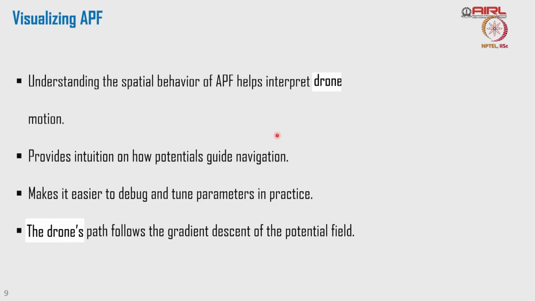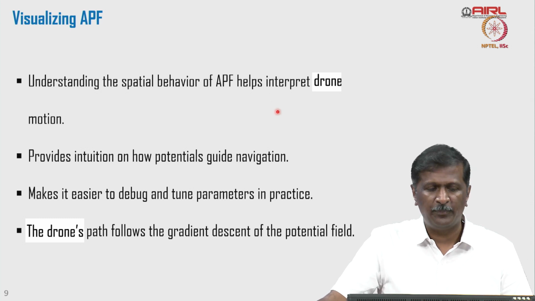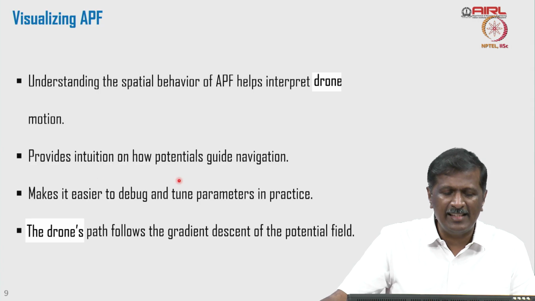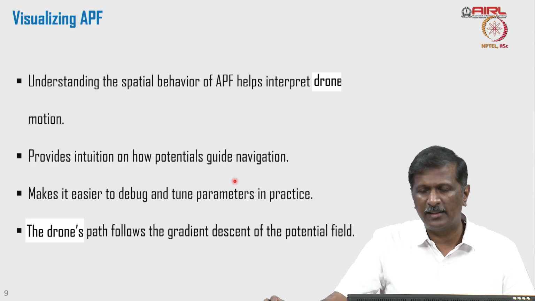So let us understand the spatial behavior of APF, and that will help us to interpret how the motion of the drone is going to take place. It will also provide some intuition on how potentials guide the navigation. It will also make it easier to debug or understand how to fine tune the parameters in practice.